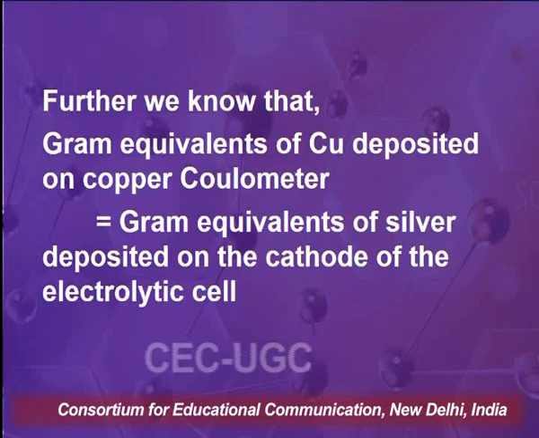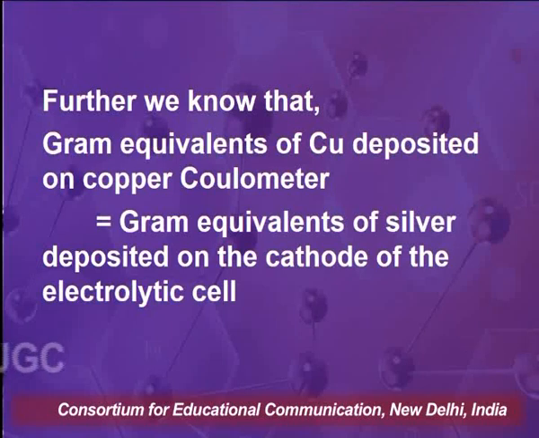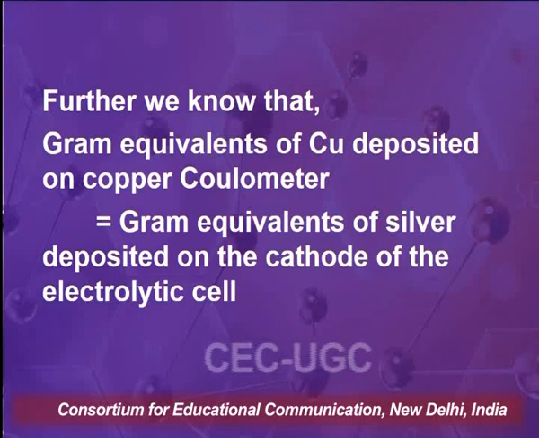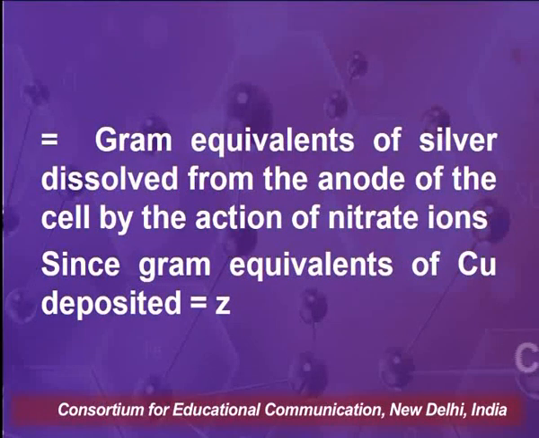Further, we know that gram equivalents of copper deposited on copper coulometer is equal to gram equivalents of silver deposited on the cathode of the electrolytic cell, which is equal to gram equivalents of silver dissolved from anode of the cell by the action of nitrate ions.